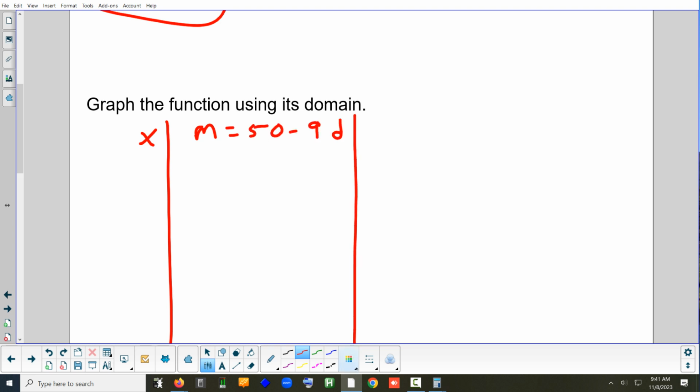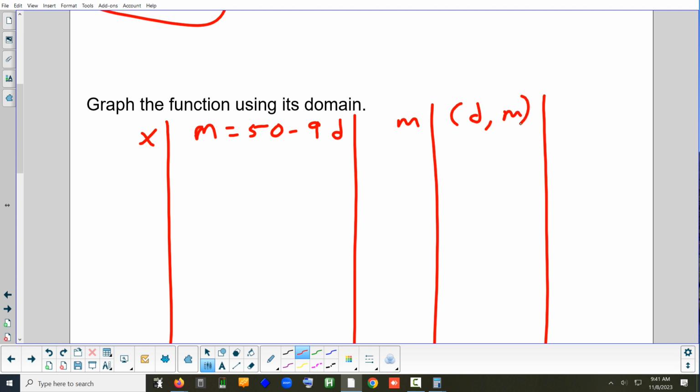The next column is normally Y, but in this case, they use the letter M. So we're going to use M. And then the last column is going to be our coordinate, which is normally X comma Y. But in this case, it's going to be D, comma, M. The last column is always column 1, comma, column 3.